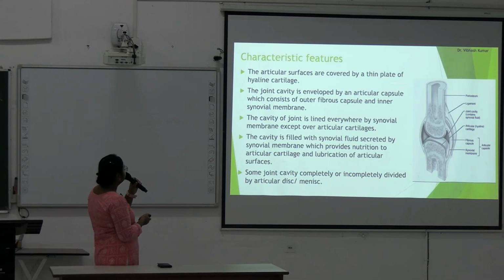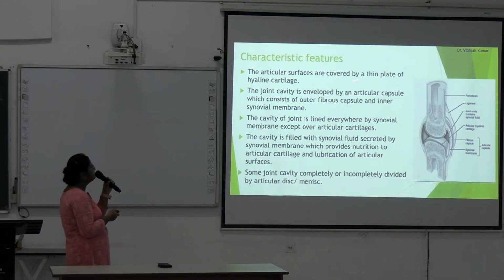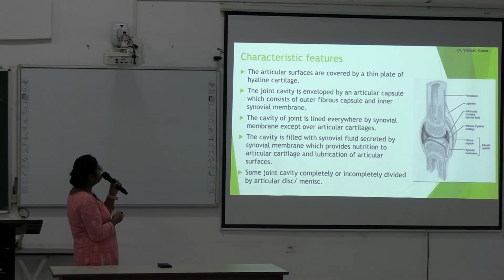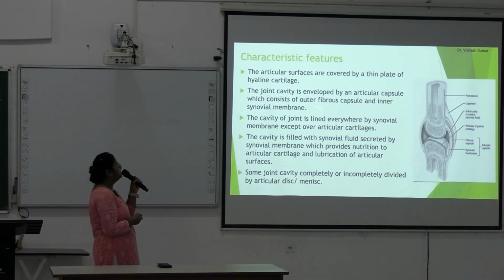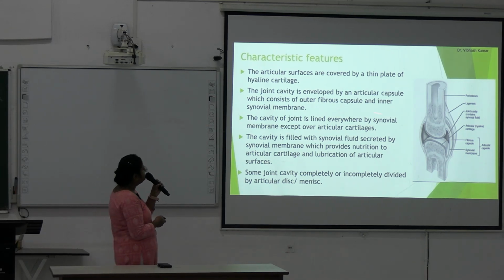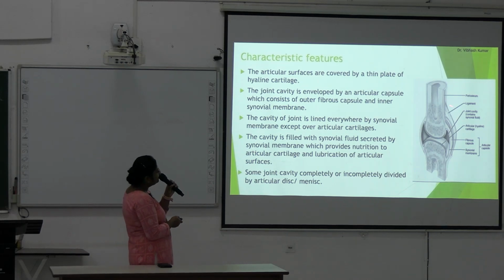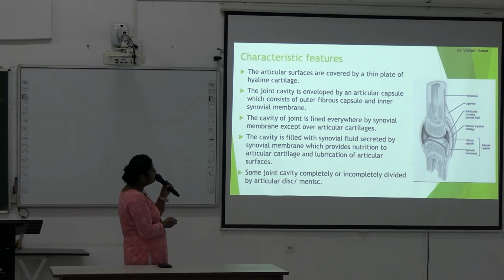What are the characteristic features? Articular surfaces are covered by a thin plate of hyaline cartilage, and the joint cavity is enveloped by an articular capsule which consists of outer fibrous capsule and inner synovial membrane. See, this is the capsule of the synovial joint.